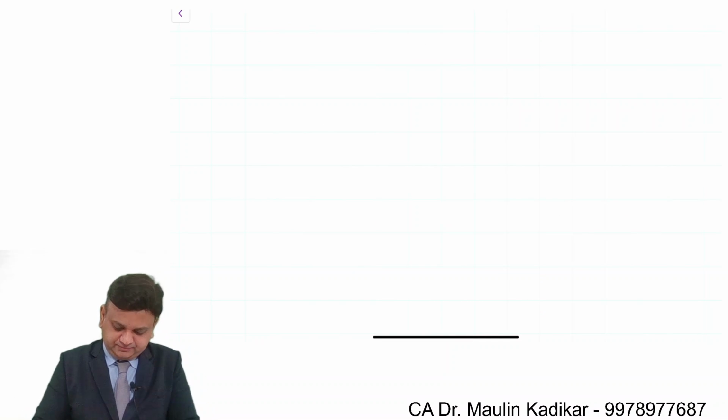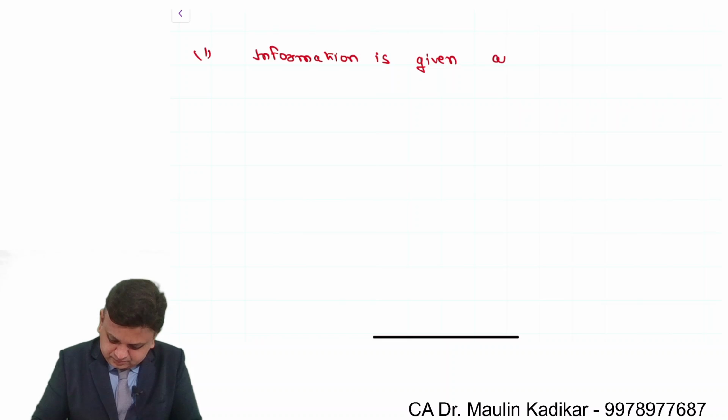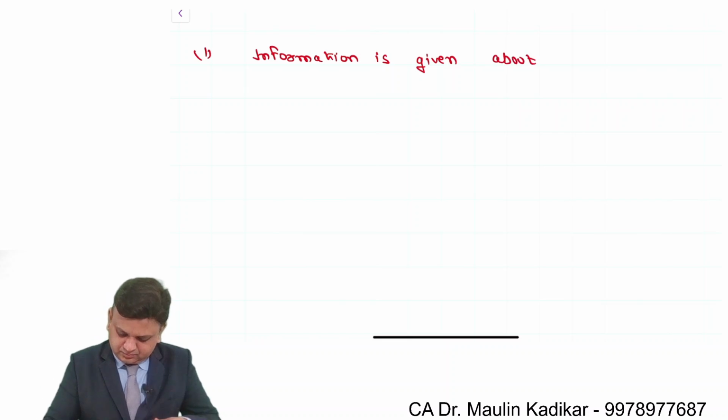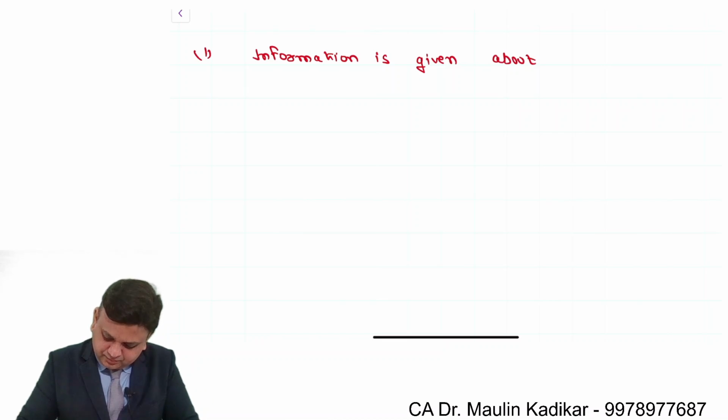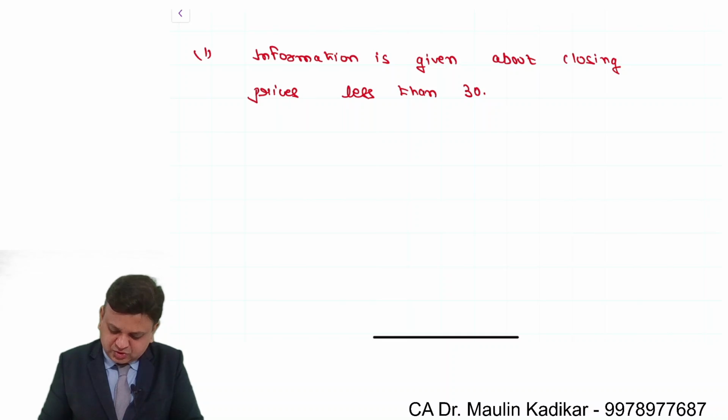Let us answer the question. First point. Information is given about closing prices, less than 30. Full stop.